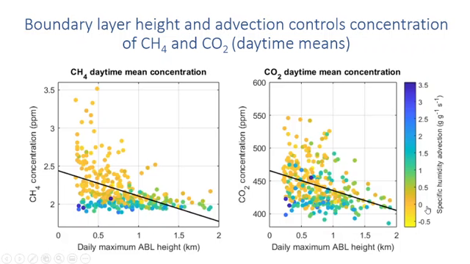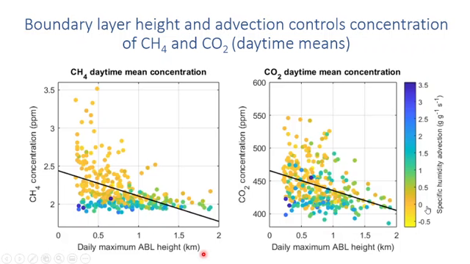Now, to finalize, in these plots, you can see the concentration of methane and CO2 in a corn crop, the most abundant cover in the delta. In the y-axis, you see the concentration of methane and CO2 in parts per million, and in the x-axis, you see the daily maximum boundary layer height in kilometers.